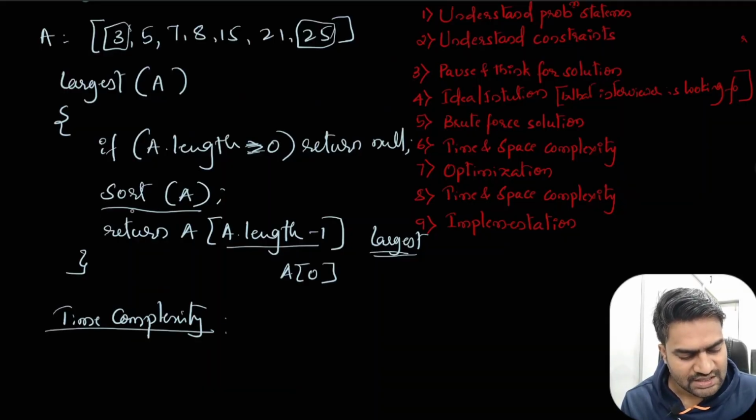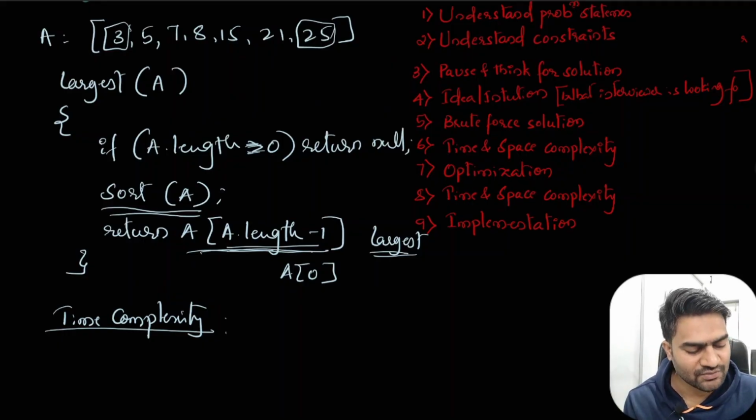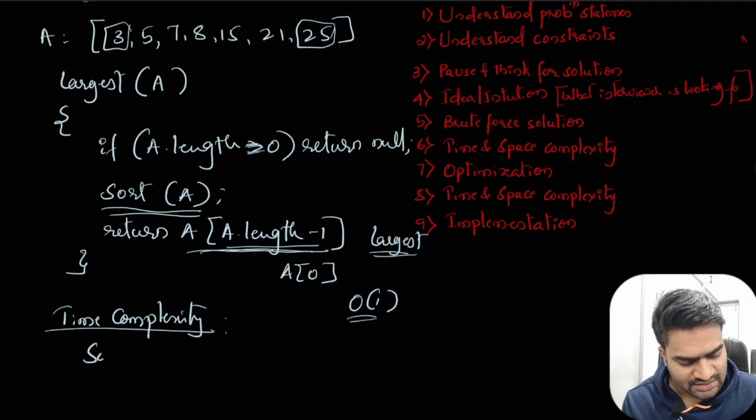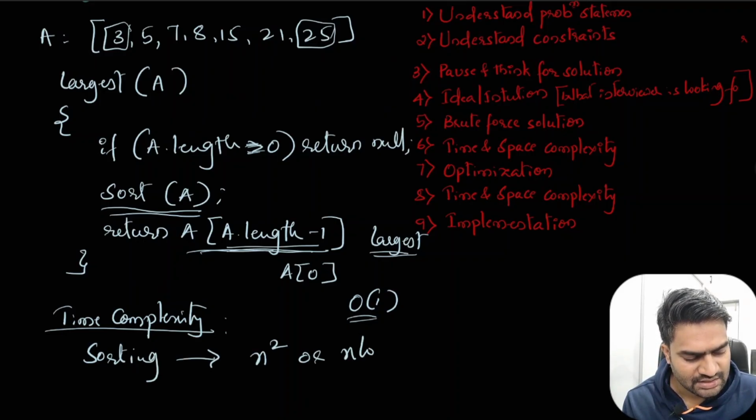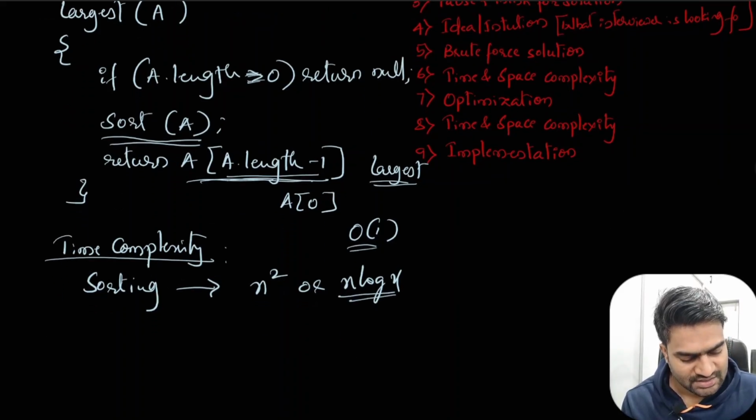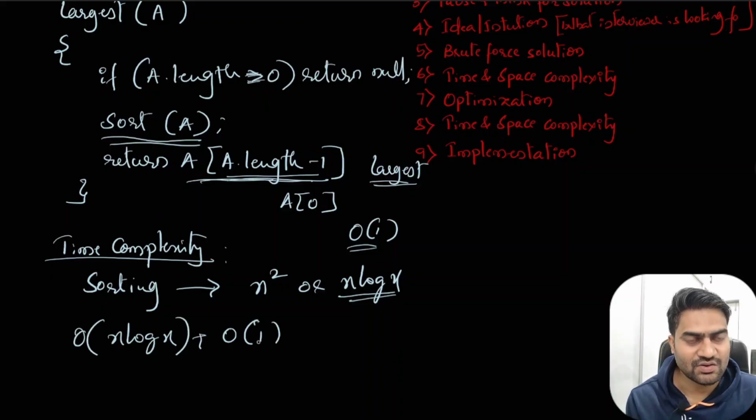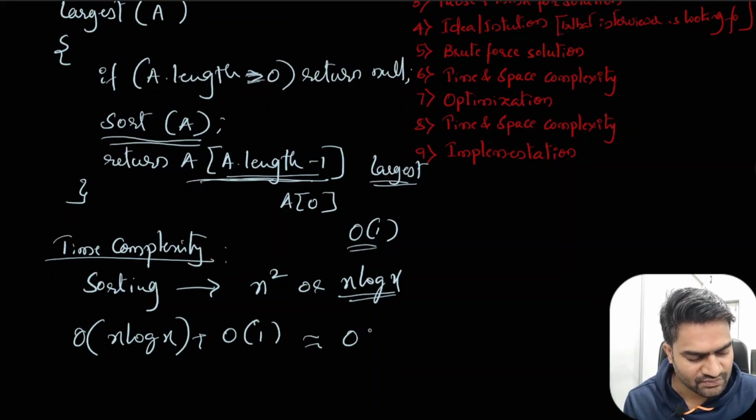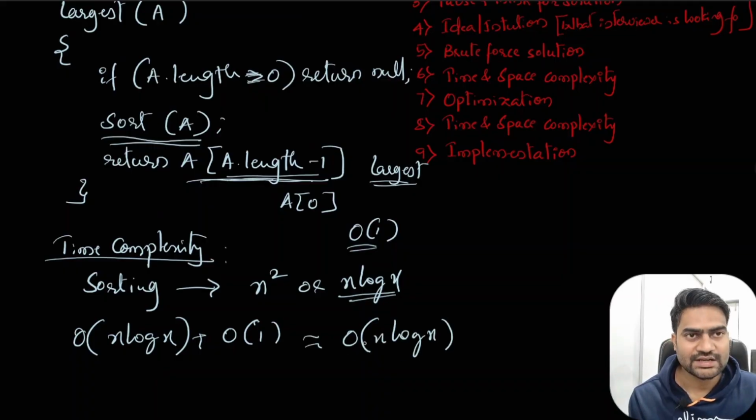Since we are sorting the array, even though the other operation is of order 1, sorting can take n square or n log n. So assume it takes n log n time complexity. It is going to be order of n log n plus order of 1, which is equal to order of n log n time complexity.